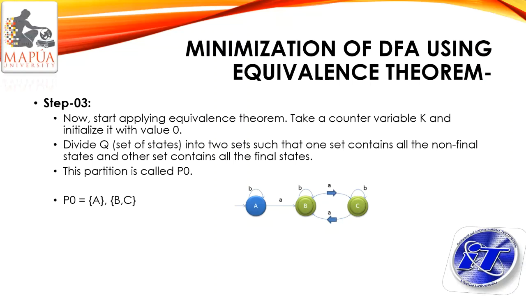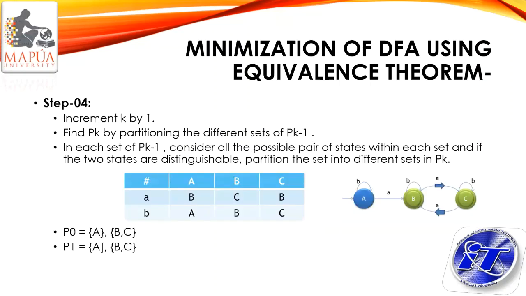In equivalence 1, we check if the states within a group have the same behavior, that is, if their outputs belong to the same group. For example, we're just going to ignore A since we only have one state there. We consider B and C, this group.